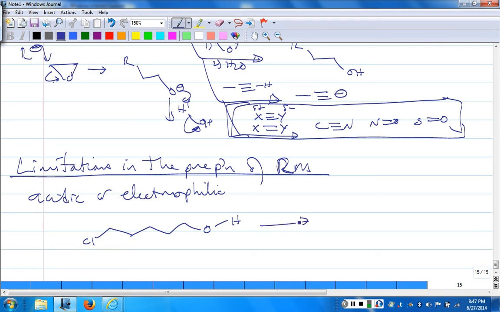Let me go ahead and treat this compound with, well, that would be a very bad idea, but whatever, let's say lithium. My idea would be to do the reaction at this site and try to make this compound. So what I want to make then is the alkyl lithium.